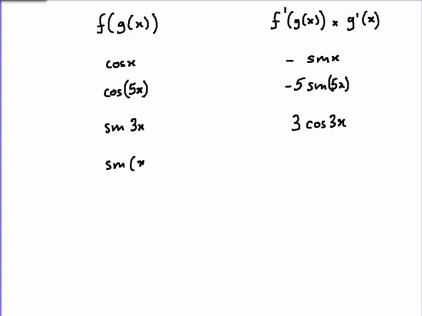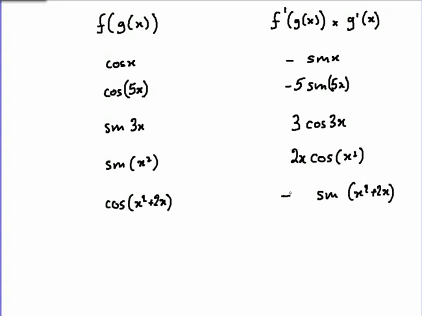Sine of x squared: sine goes to cosine, times the derivative of the inside, 2x. Cosine of x squared plus 2x: cosine becomes minus the sine, and the derivative of the inside becomes 2x plus 2. Multiply. There we go. So outside, inside.